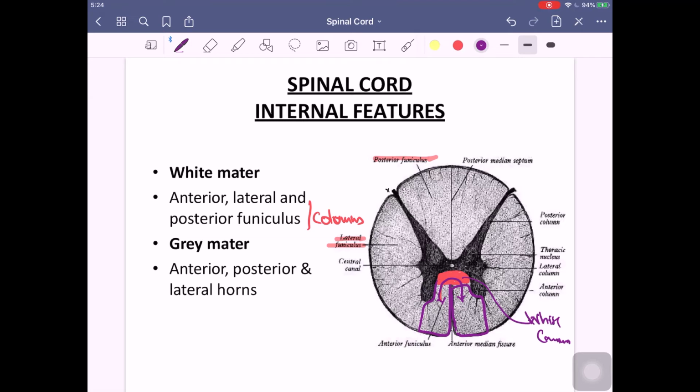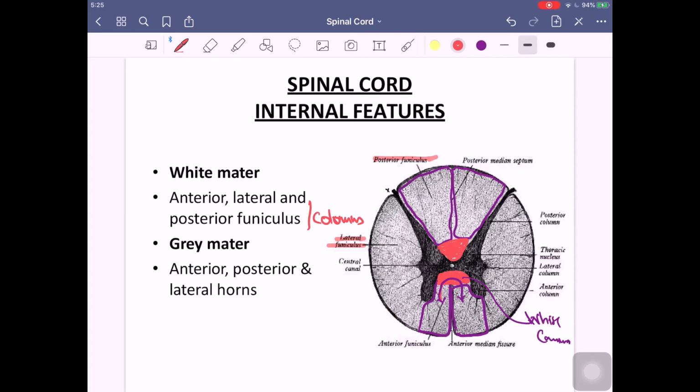Now a similar commissure is present at the back also. This is the posterior of one side, and this is the posterior of the other side, the posterior column or posterior funiculus. And at the back you also have an area present here.